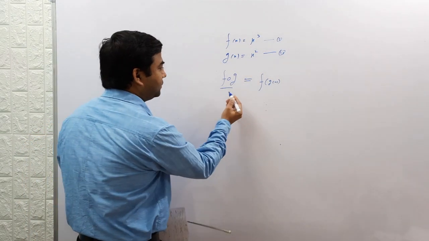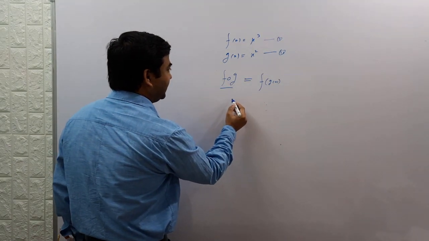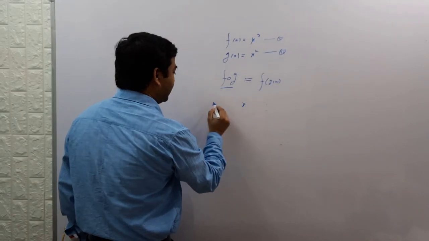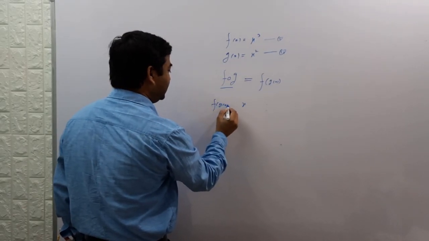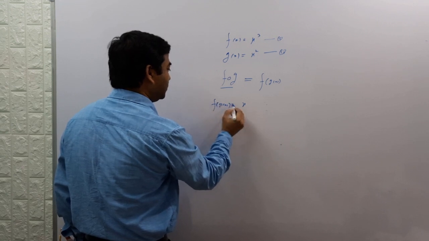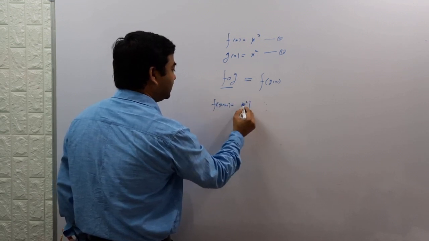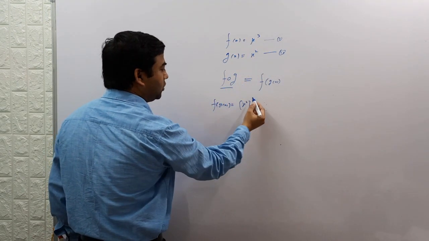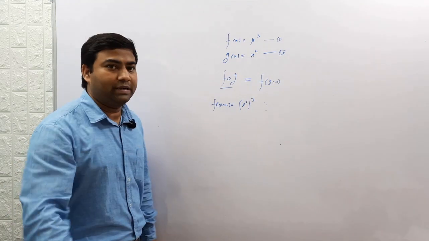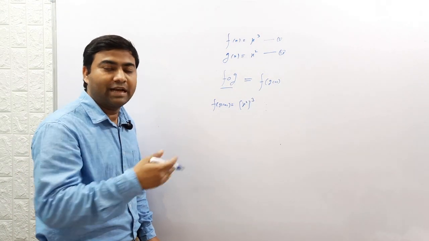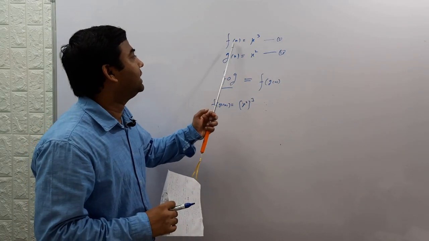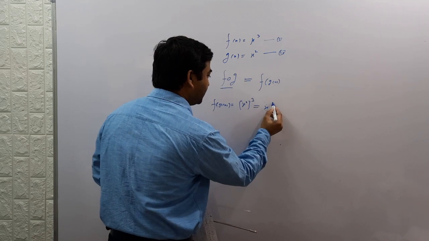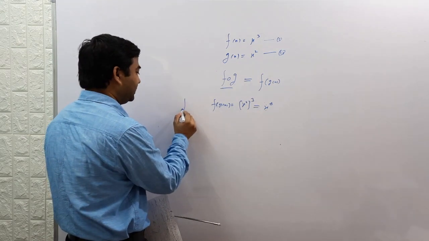So let us find f∘g. So in f(x), put g(x). f(g(x)) is equal to x square, that is g(x), and f(x) is the cube of any dependent variable which is expressed under the function f(x). So the composite function is x power 6, that is f∘g.